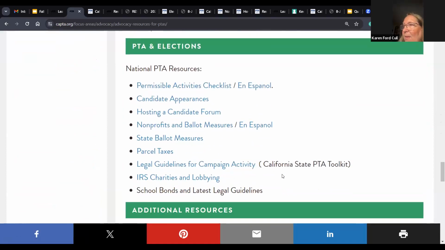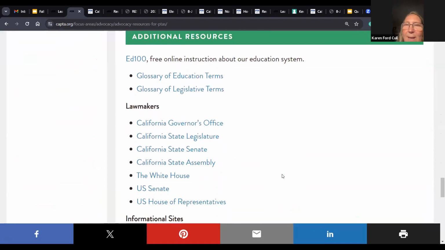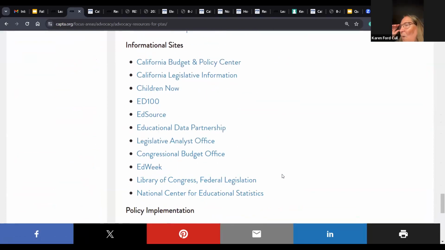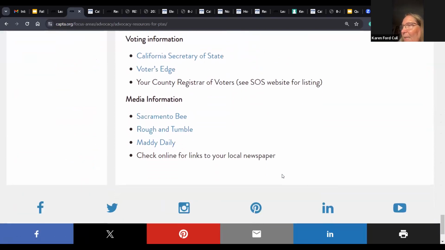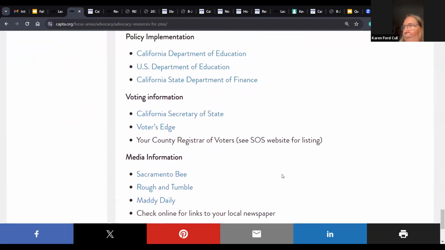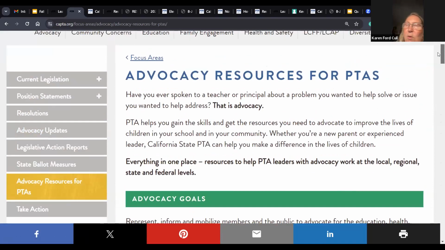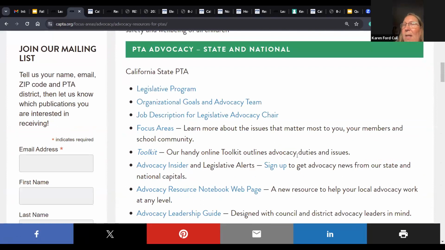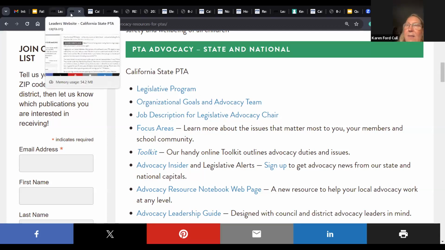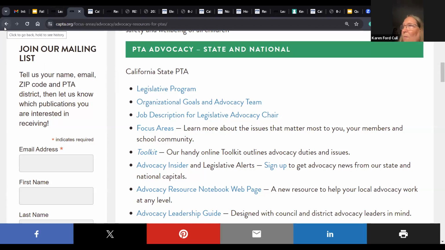So right now there's not a lot to talk about, and all we have right now is some legislative priorities. This is where you would go to see alerts, advocacy updates, or what they were supporting, and this is where you would get the material for your legislative report.